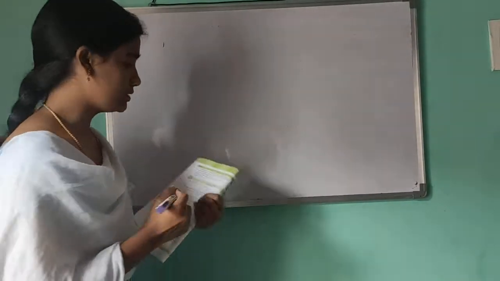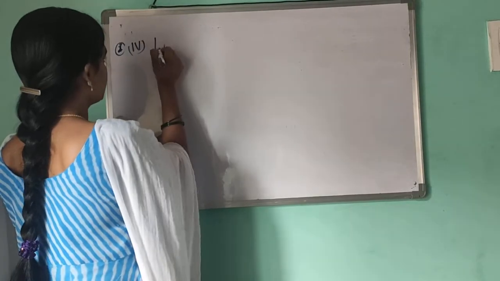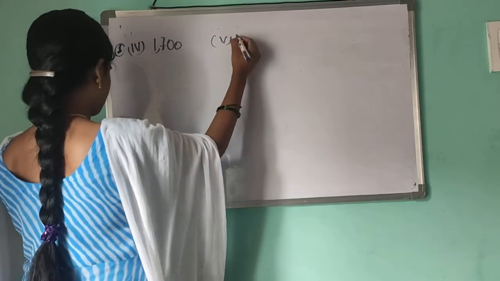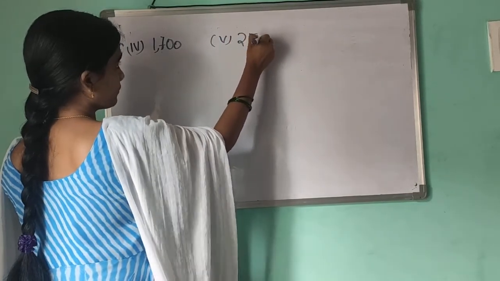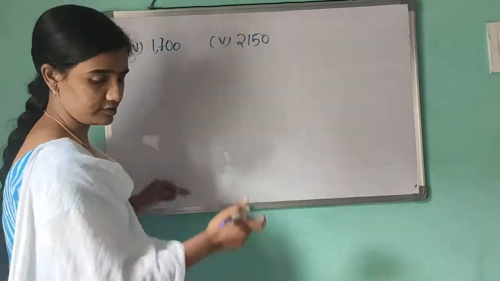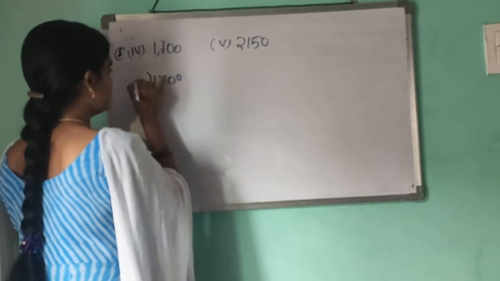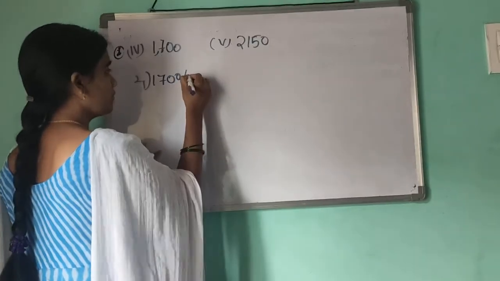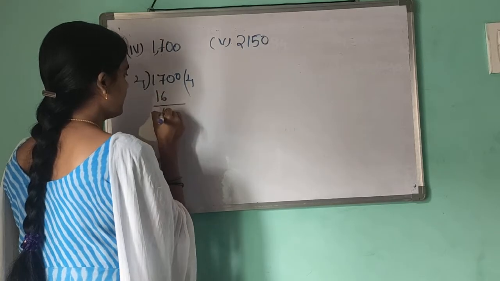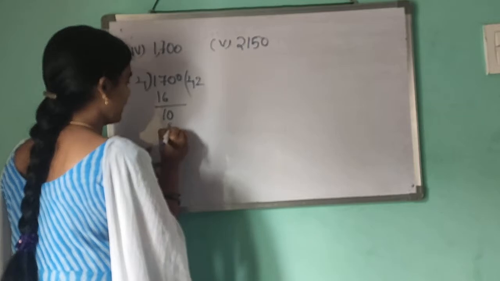Let's check with the fourth bit. Fourth bit is 1700 and fifth bit is 2150. Let's see. Is 1700 divisible by 4 or not? 4 4s are 16. Remainder is 1, 0. 2 4s are 8.